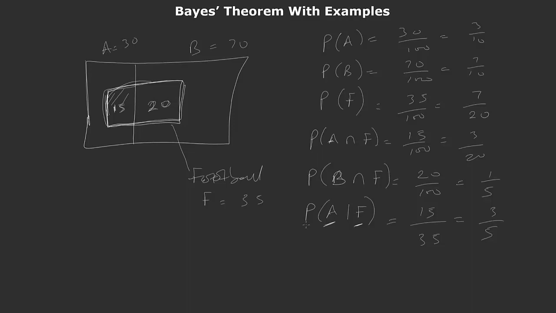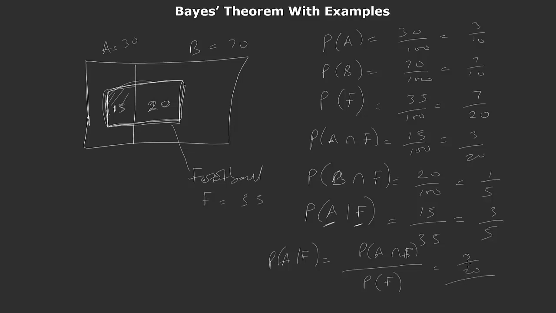Okay, yes, you can do that. You'll see you get the same result. So let's say we decide to use the formula. You're going to get the probability of A and F divided by the probability of F. And the joint probability here is 3 over 20.